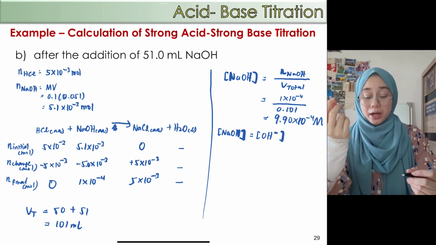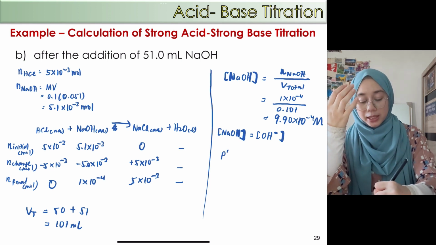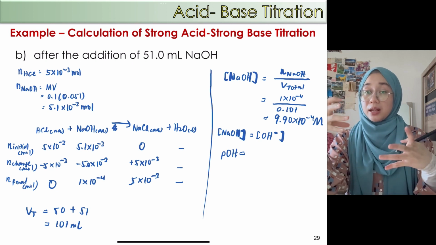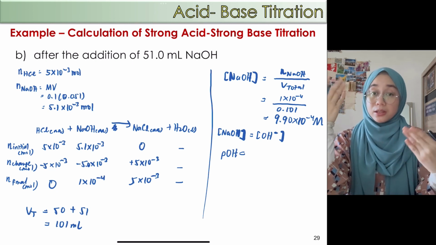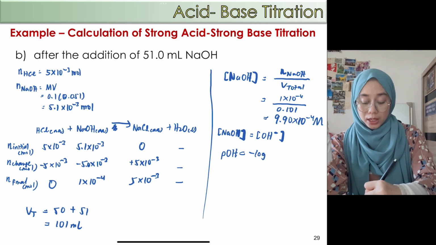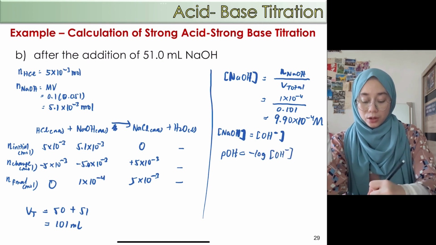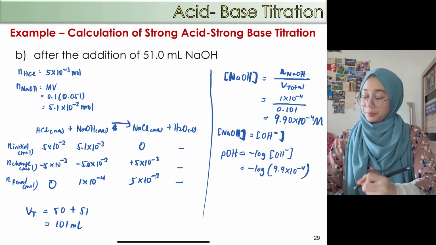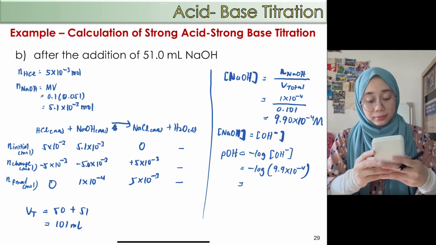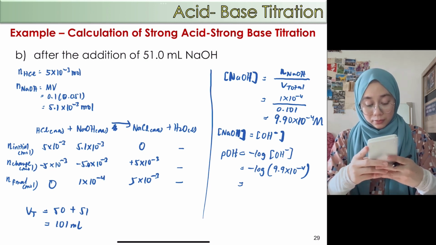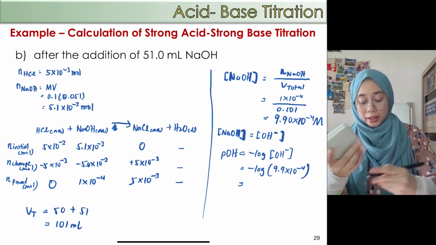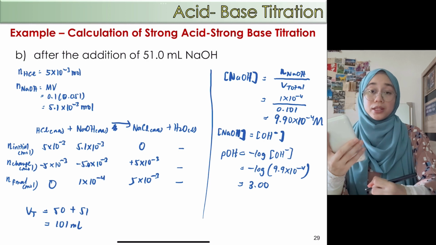Okay, so why do we need to take the concentration of OH minus? Because we need to calculate pOH first. Why can't we calculate pH directly? Because this is a base, class, with more OH minus, so we have to use pOH first. So negative log of OH minus. If we put in the value 9.9 exponent negative 4 here, we will get 3.00. Is this the final answer?